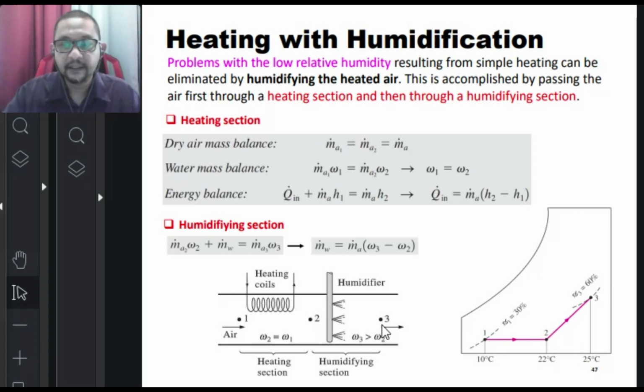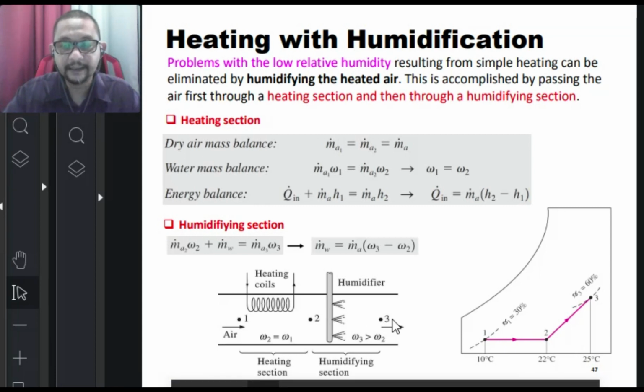That means T3 is lower than T2 when we use a water spray here.